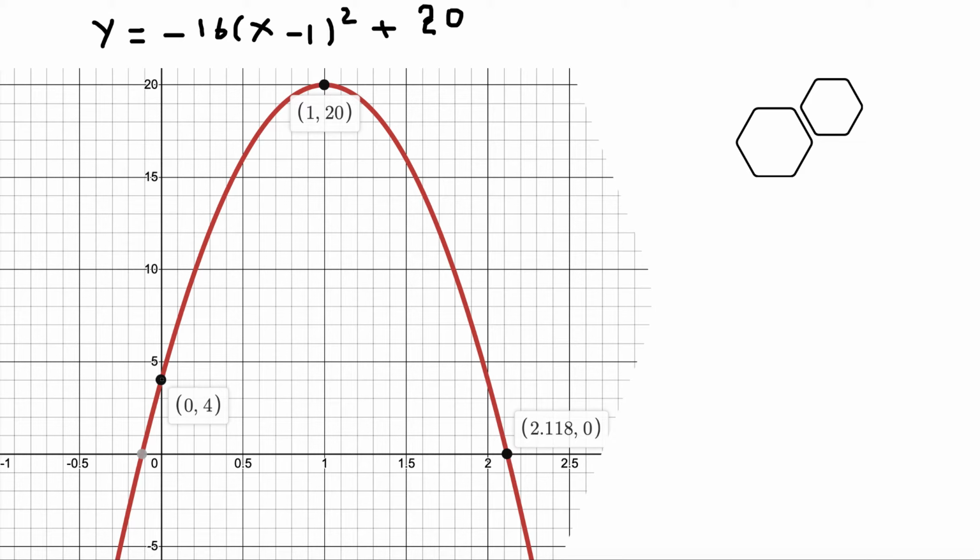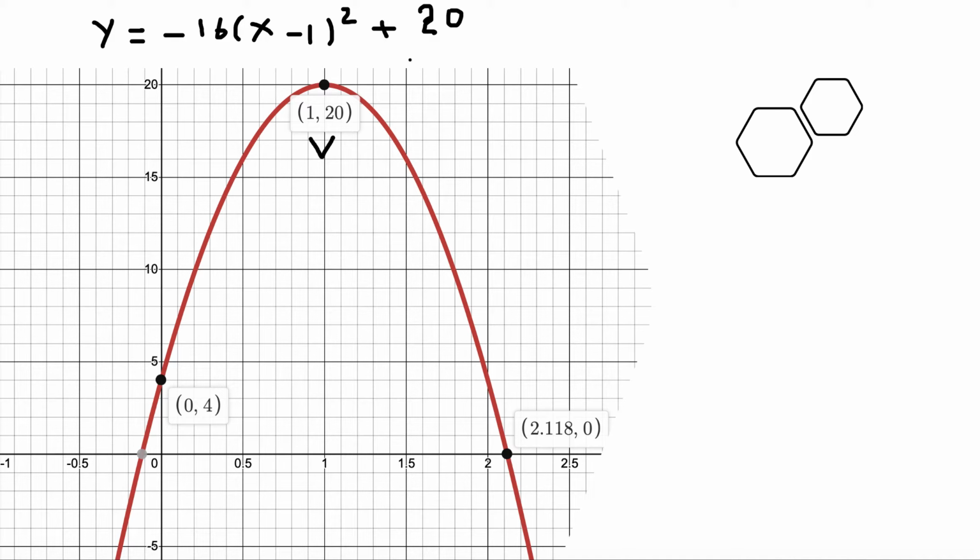So the ball travels with this equation. This equation describes the travel of the ball along this pathway. So here is the vertex, and then we have to write this equation in the form y = ax squared + bx + c.